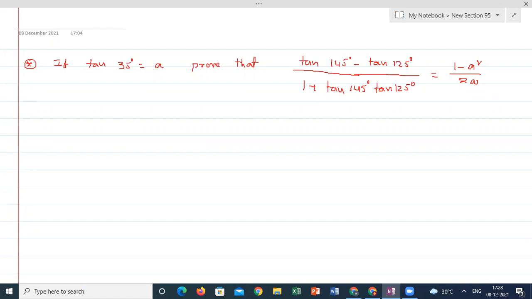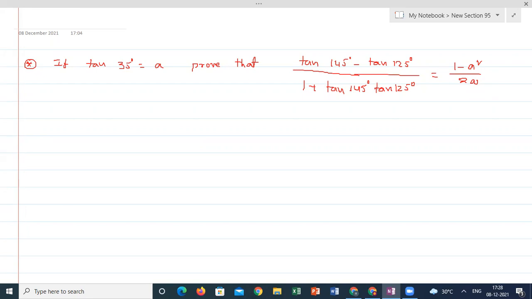Is it possible I can apply the tan of a minus b formula here, students? It will work here. No, sir. Then how will we do? Can we find tan 145 separately and tan 125 separately? We can use that, but we will get tan 265 degrees.